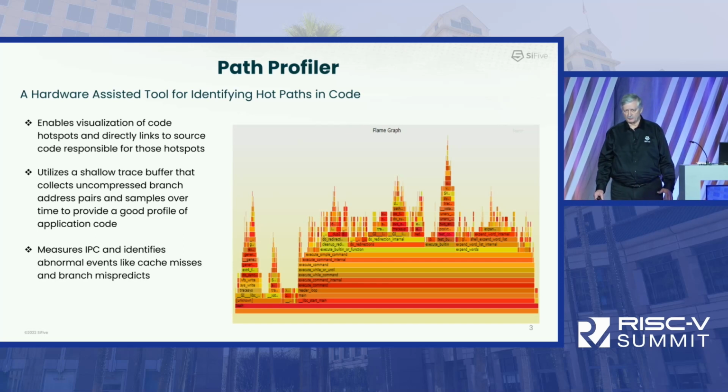I'll talk a little bit more about extensions we're doing to add capabilities like measuring IPC and identifying abnormal events like cache misses. With software, it provides a capability of visualizing the software execution and where the time is being spent.